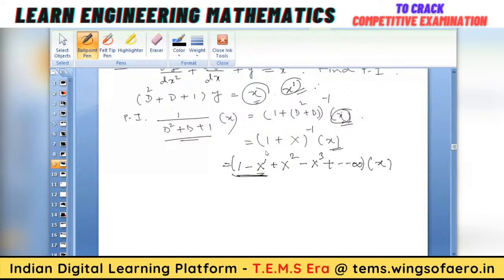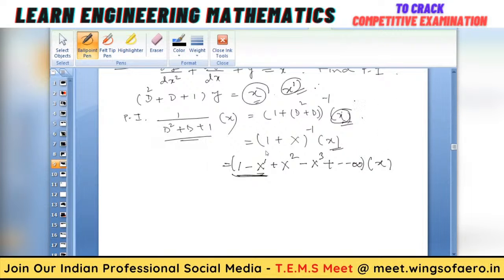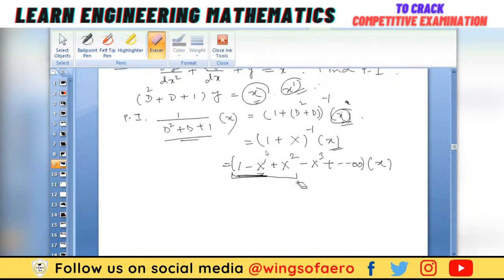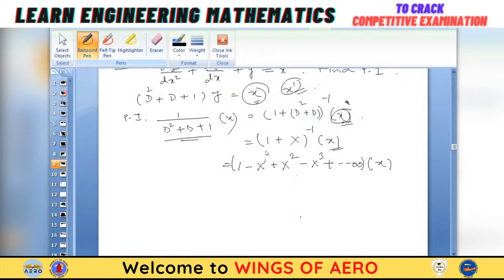If it were x square plus x plus 1, the highest power would be x square, then you should take 1 minus x plus x square, and so on. So it depends on the highest power of the polynomial given on the right hand side.